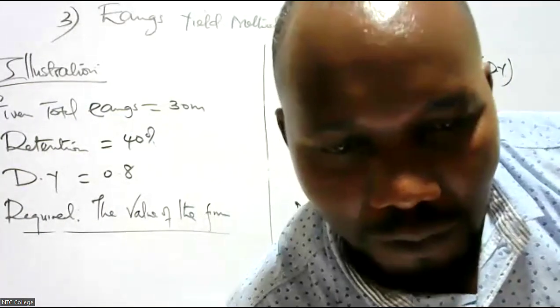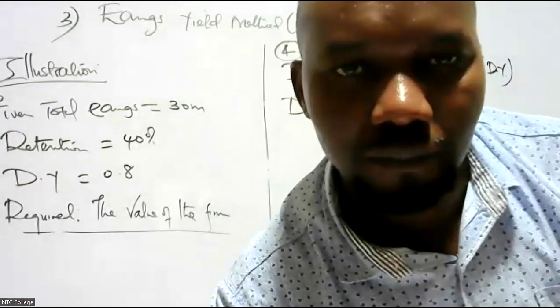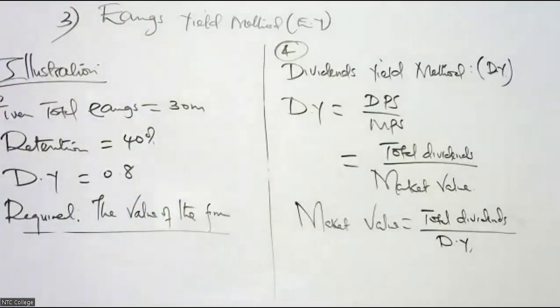I'm giving you some 2 minutes. So what are we supposed to do here? You simply need to know what is retention. If this is retention, you are retaining part of the earnings. So how much did you declare as the dividends? How much is the dividend?